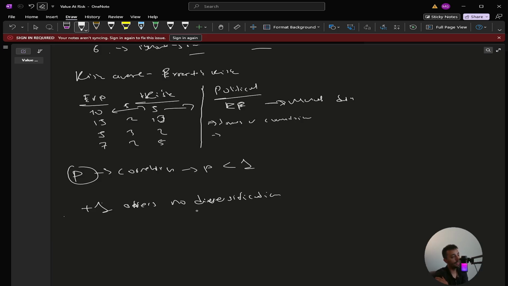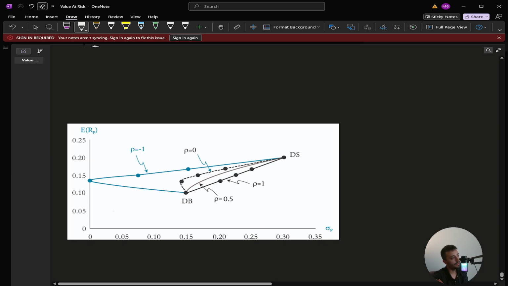When correlation is less than one, diversification occurs and portfolio variance declines below the weighted average of individual variances. So the lower the correlation, the greater the benefits, becoming largest with perfect negative correlation. So what I am trying to say, look at this picture.